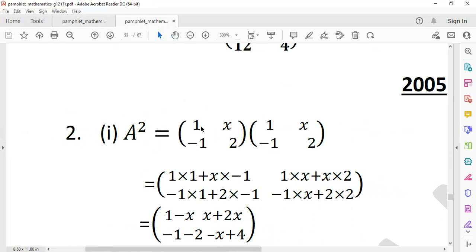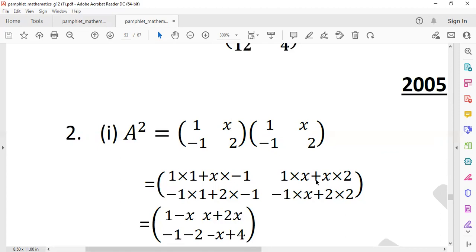So it's 1 times 1 plus x by negative 1. Then 1 by x plus x by 2.